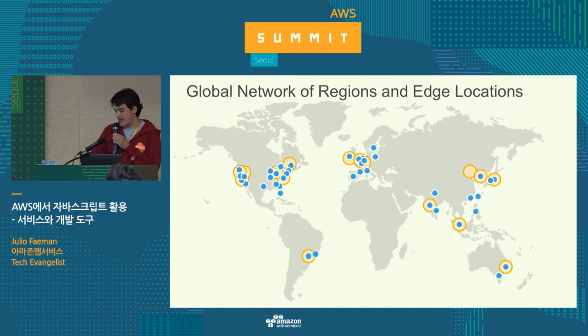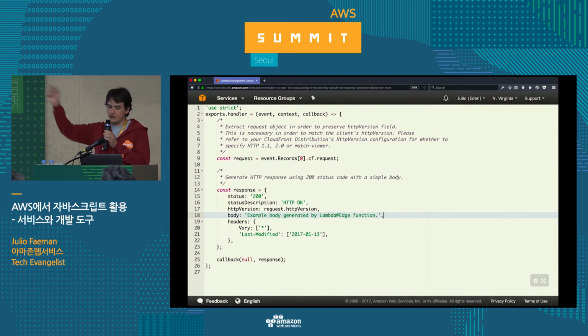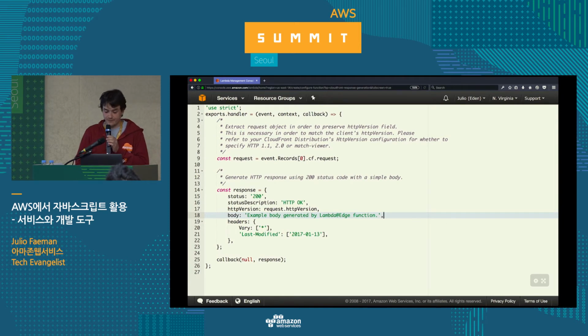Those edge locations are typically used just for HTTP cache, but recently they've been given the capacity to run Lambda functions. So you can generate responses and perform computation directly on the edge location without going back to the origin, and that's a pretty powerful resource, especially for security, for routing, and a lot of use cases.